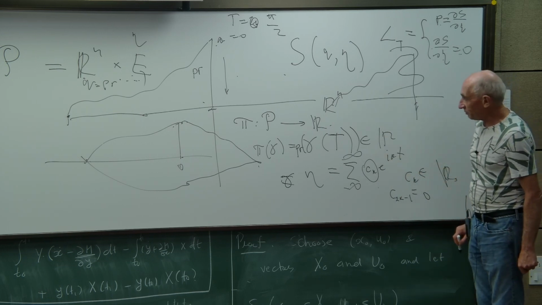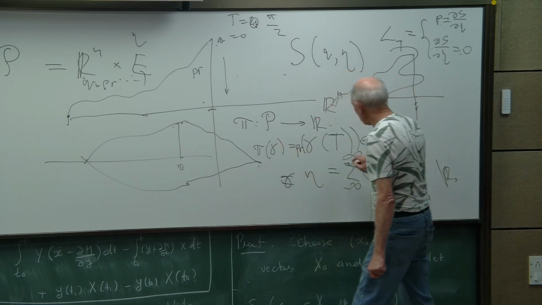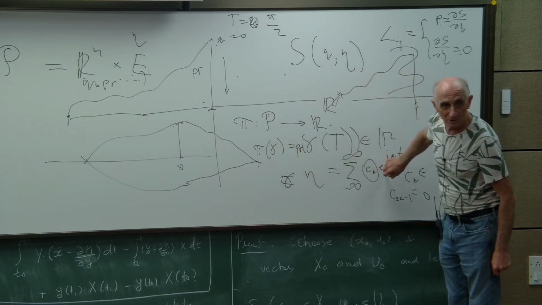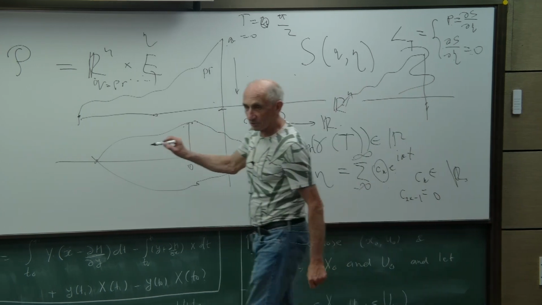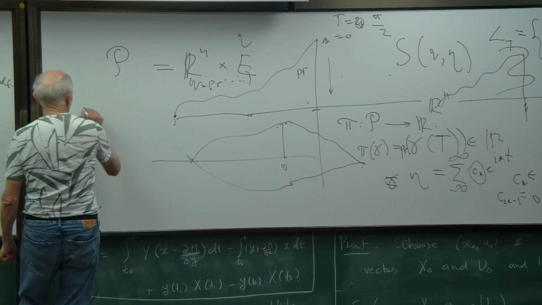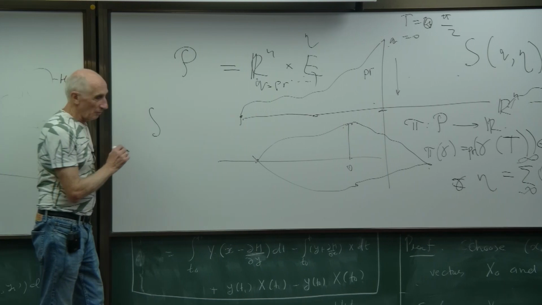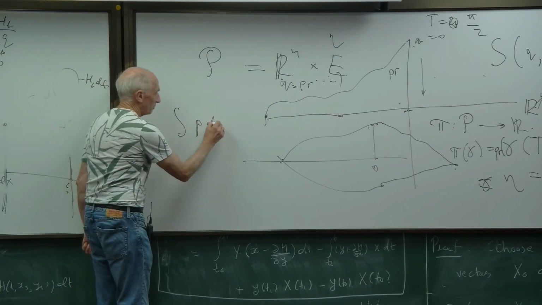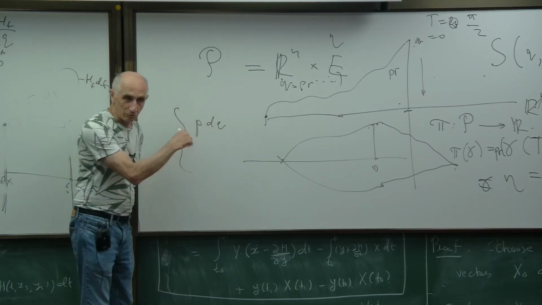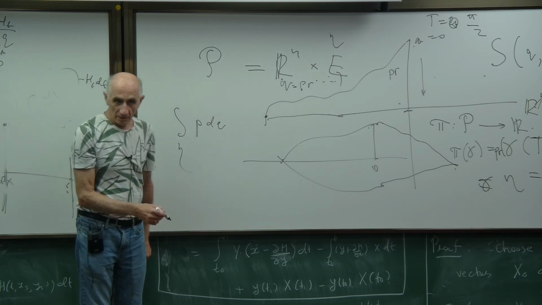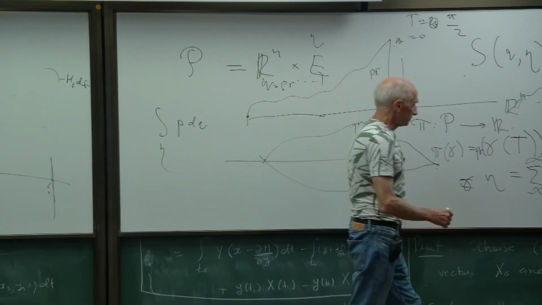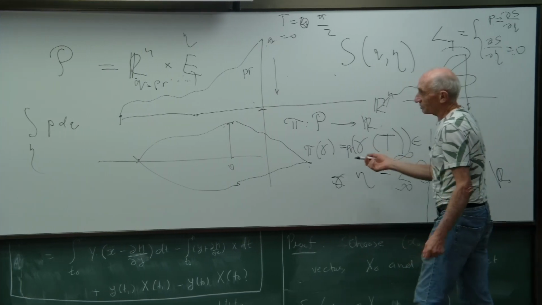Now you want to compute the integral of p dq minus H dt. But let's first forget about H dt and just compute the integral of p dq over such a loop.